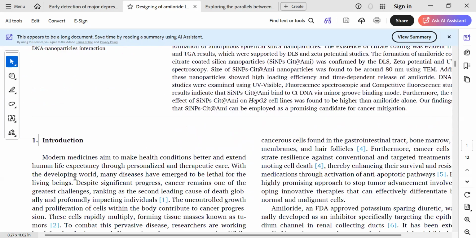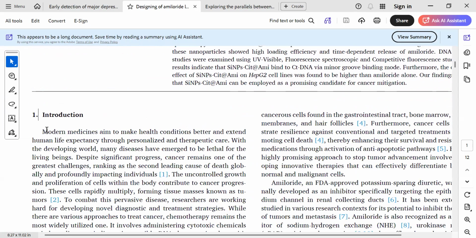Then the introduction is the part of the paper where you introduce the topic of this particular research, starting from the work which was done on this topic as the very first work.